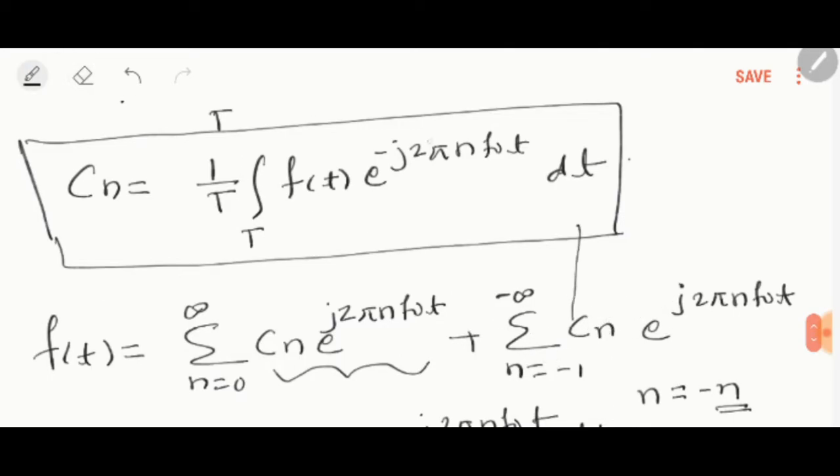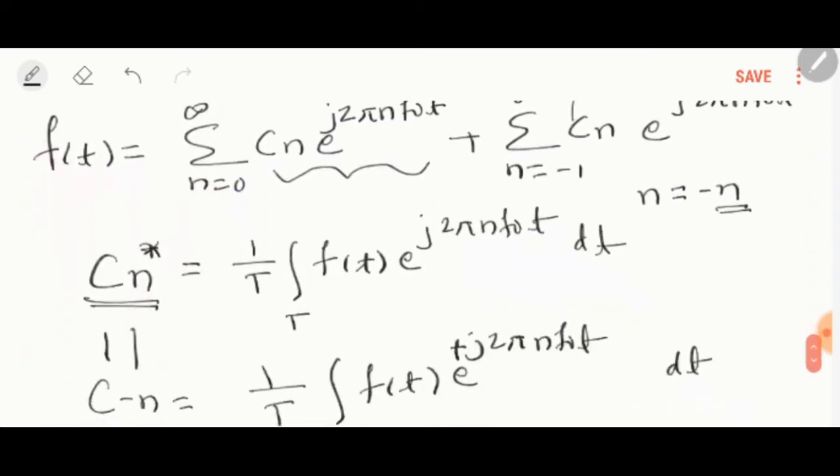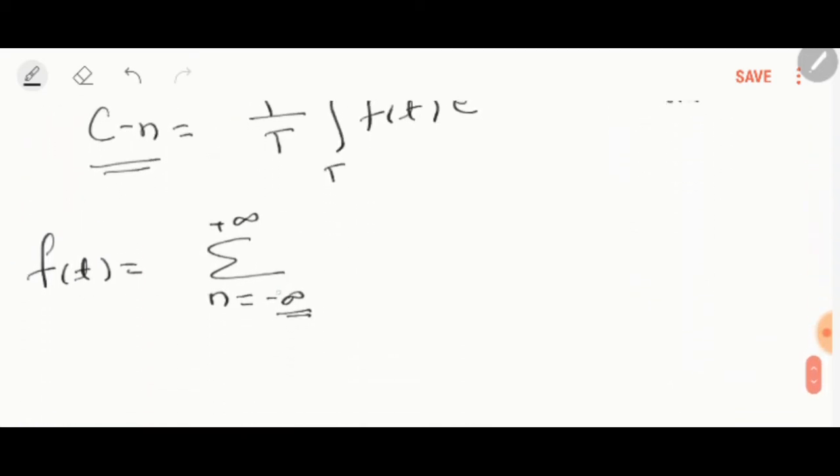So ft is n from minus infinity to plus infinity Cn e to the power j 2 pi n f naught t.